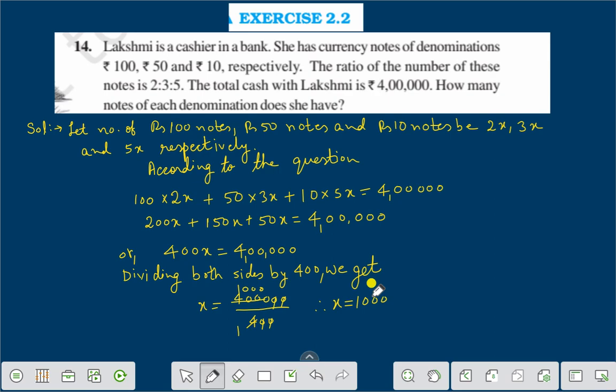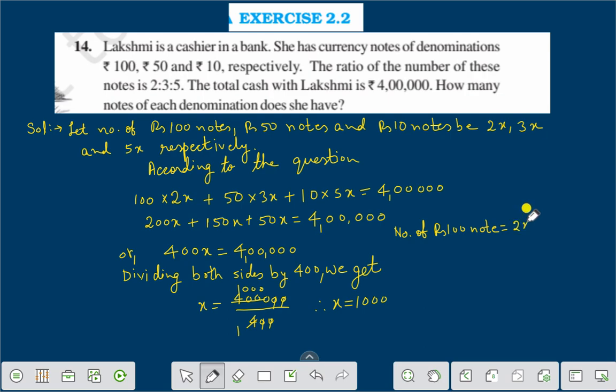Right? And the number of rupees 100 notes is 2x, that is 2 into 1000, that is 2000.